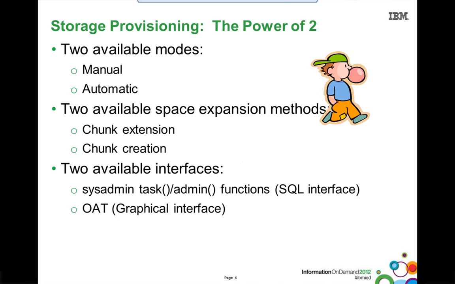We're used to chunk creation when adding space, but what's new is a chunk extension. So now in 11.7, you can extend an existing chunk instead of having to add another chunk. That's something that's a little bit different to our previous core methodologies.